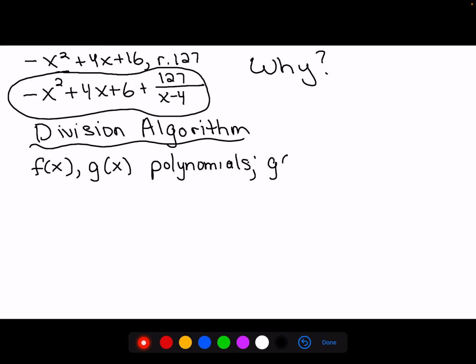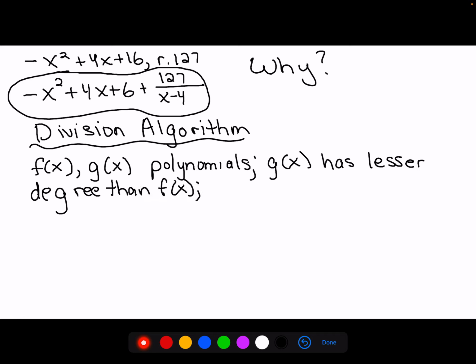G of x has lesser degree than f of x. So in other words, its leading term has a smaller exponent than f of x does. G of x has degree 1 or more.